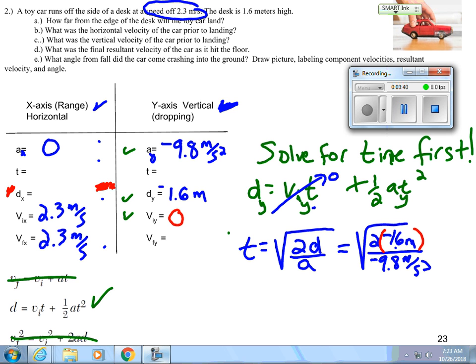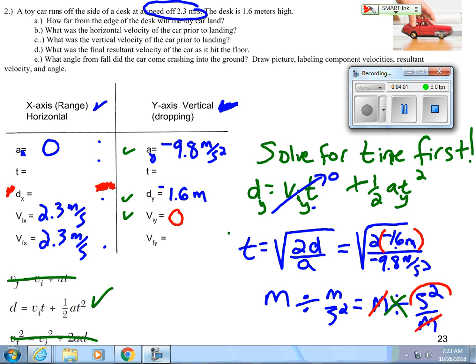If you look at my units, it was meters divided by meters per second squared, which is the same as meters times second squared divided by meters. Now my meters cancel out, and my only unit is second squared. So inside this square root symbol, I'll have a second squared.